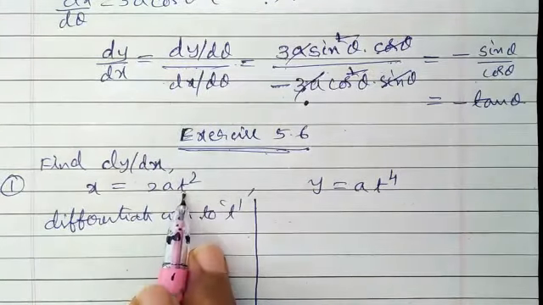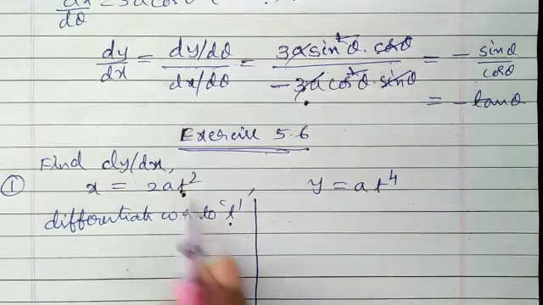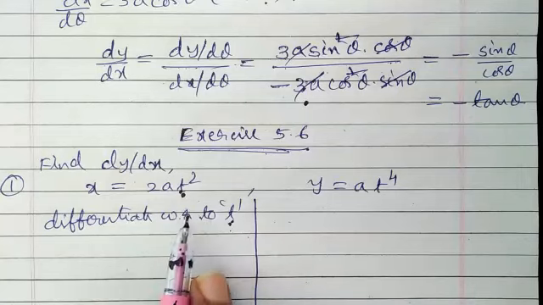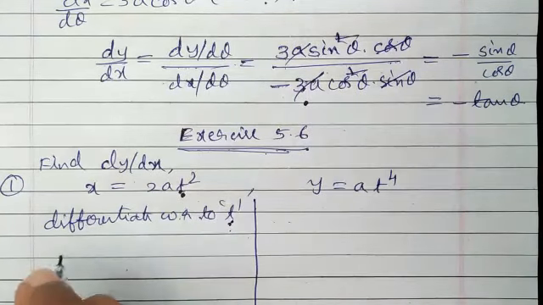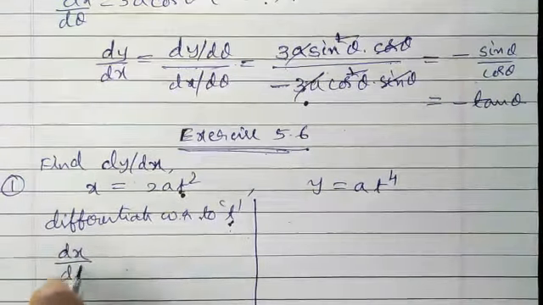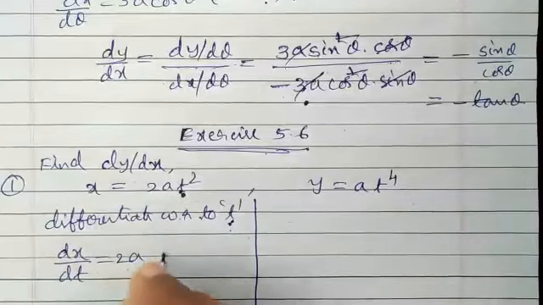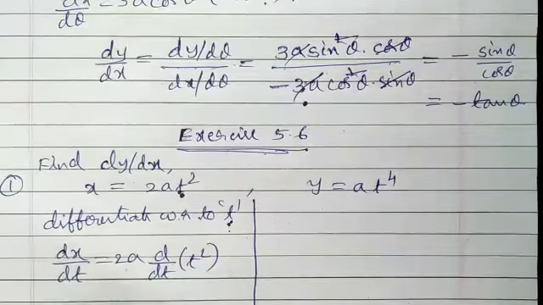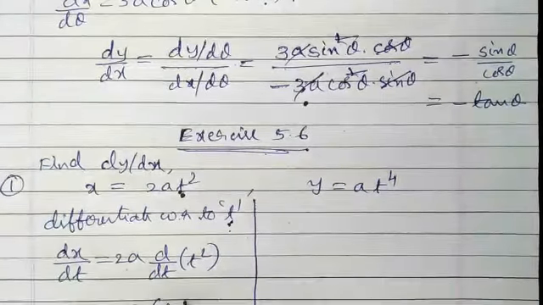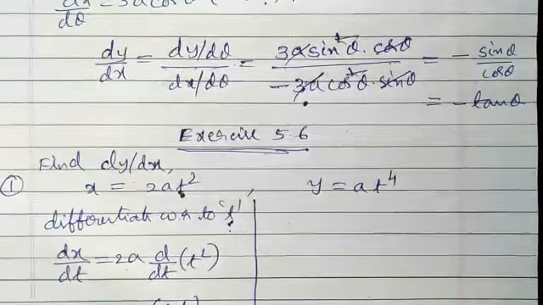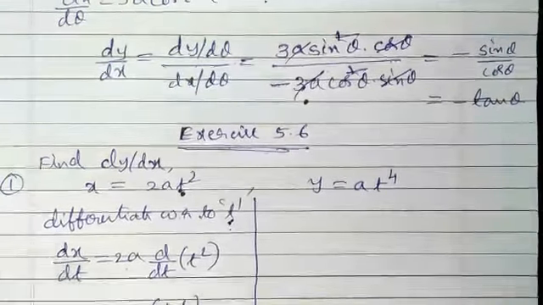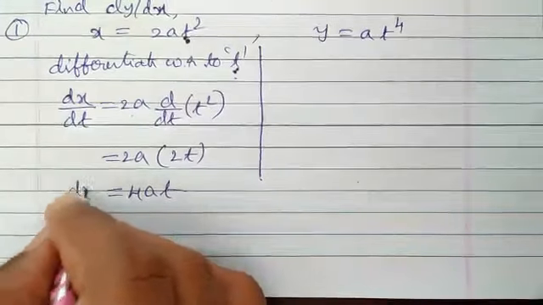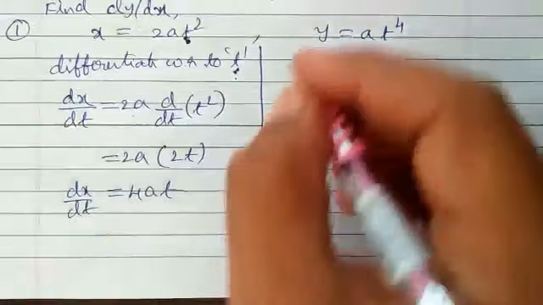Where it is t, apply t; where it is theta, apply theta. Just remember it. dx by dt is equal to 2a into d by dt of t square, 2a into 2t, finally it is 4at. That is the dx by dt result.